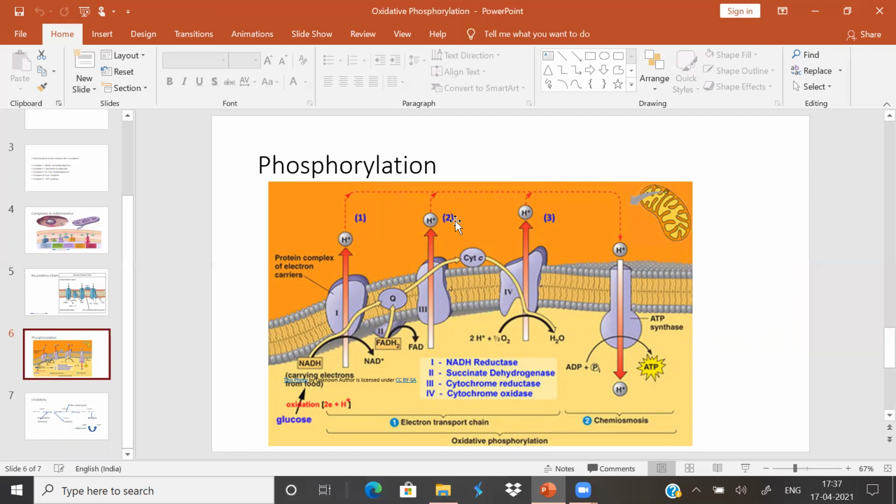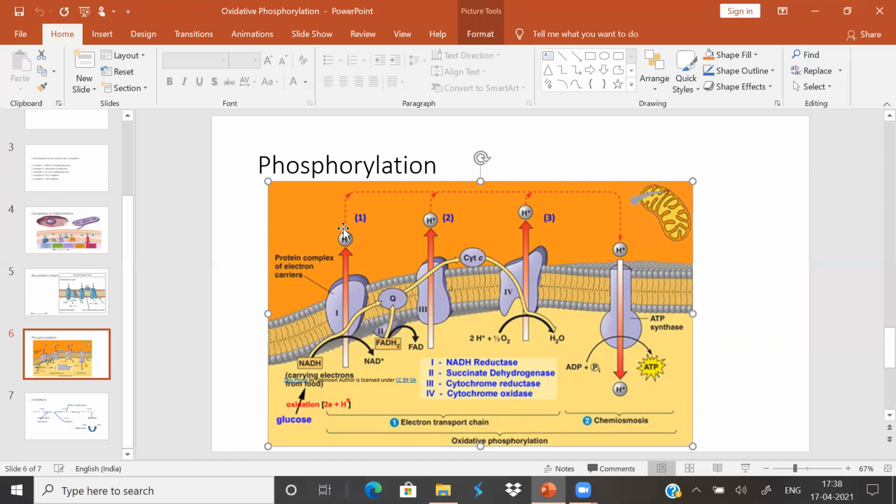We know that the inner mitochondrial membrane is semi-permeable. So the proton can enter from the matrix to the intermembrane space, but not the other way, that is from the intermembrane space to the matrix.